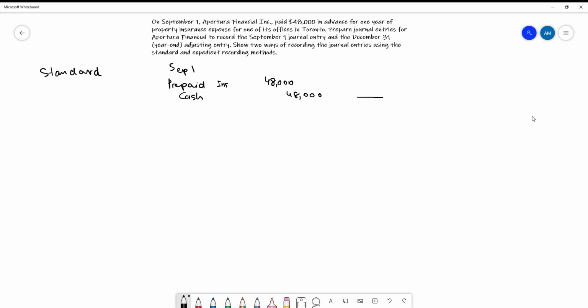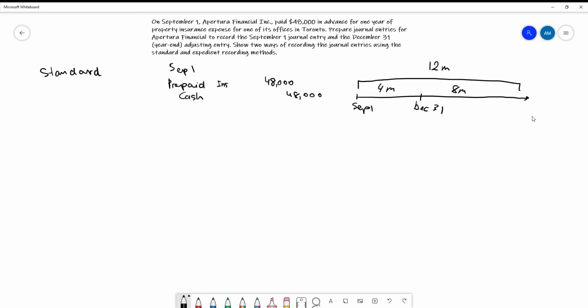So this is September 1st, where the initial transaction happened, and here we have December 31st. From September 1st to December 31st there's 4 months, and the total payment was made for 12 months, and there's still 8 months that are remaining after December 31st.